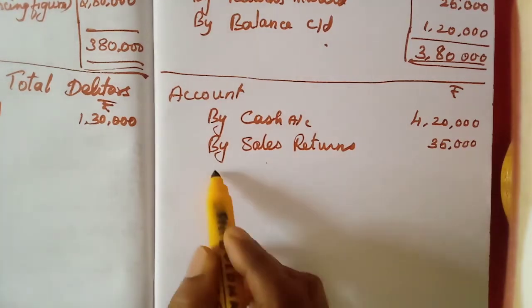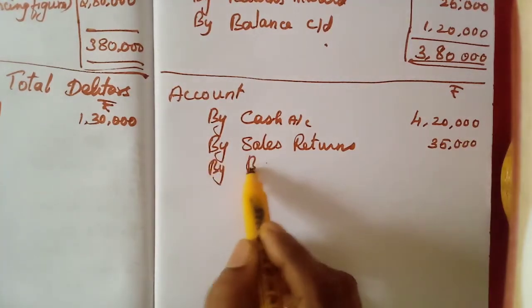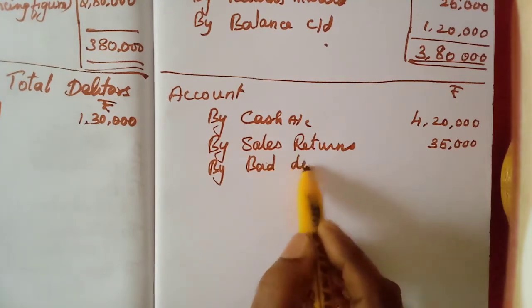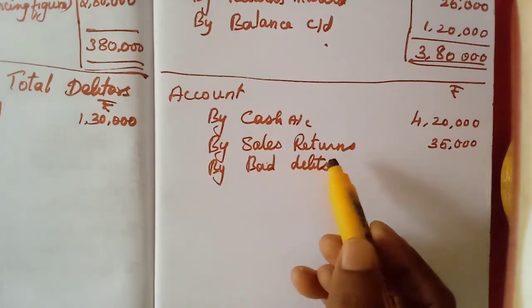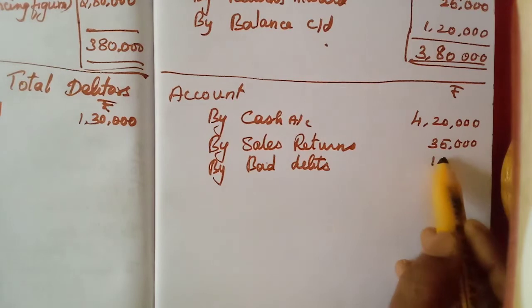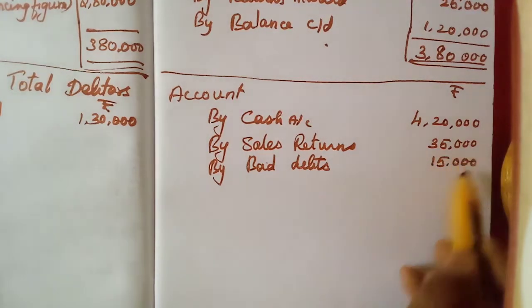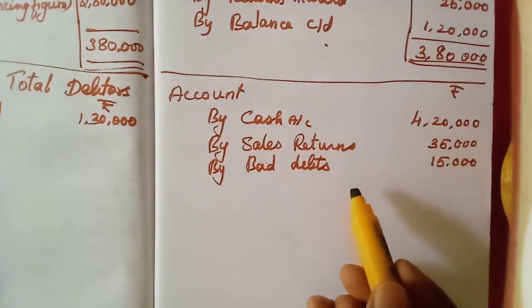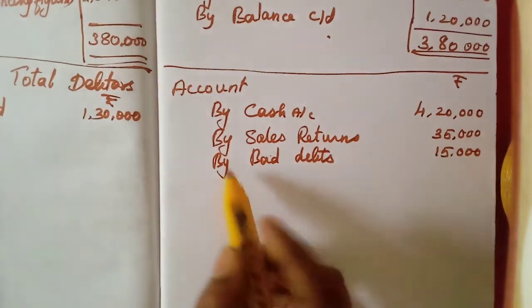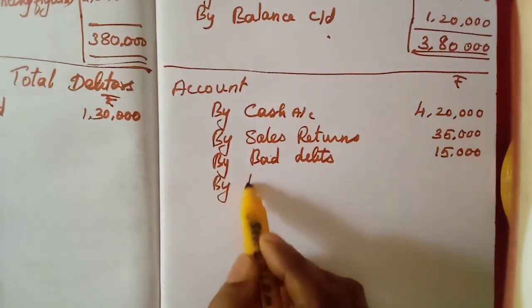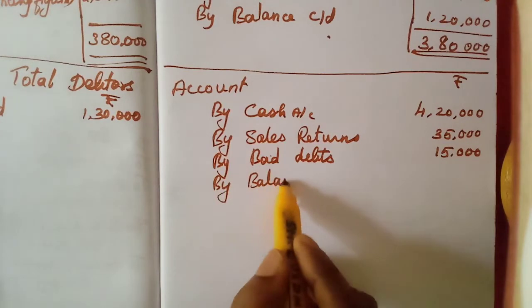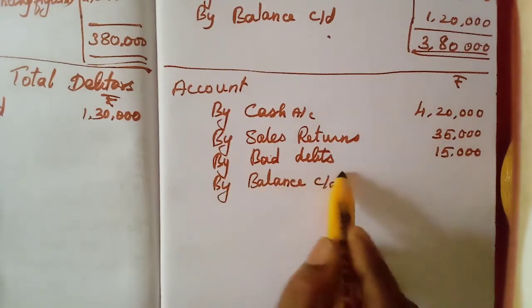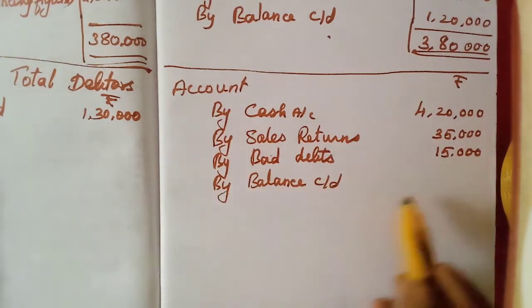Then bad debts, by bad debts, 15,000. Closing debtors, so by balance carried down, 2 lakh.